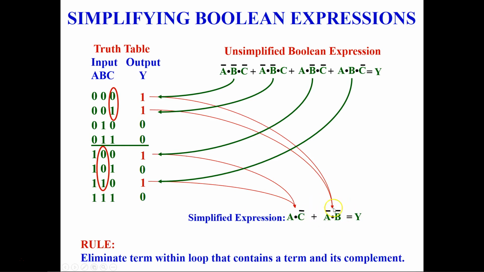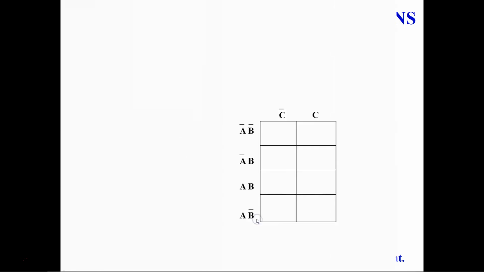This A bar B bar is for these 2, the uncommon part, and the rest is the common part. For A C bar, don't worry about this covering here. This doesn't cover this 0. We are just seeing only this one and this one, and the rest of it is common. So this is going to be A, and since it is 0, we have C bar here.